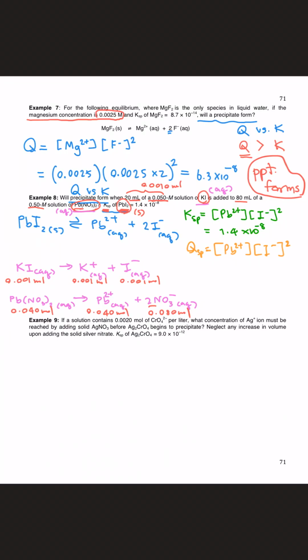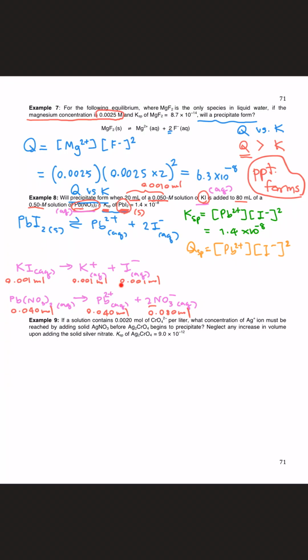If you look at this, it said that when potassium iodide is added to lead nitrate, which means that when potassium iodide that has 20 milliliter is added to the 80 milliliter of lead nitrate, the total volume is now going to become 20 plus 80, which is going to be 100 milliliter.